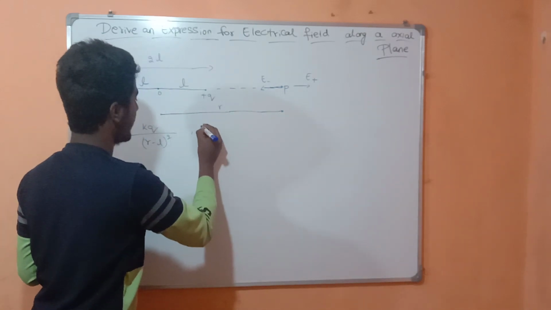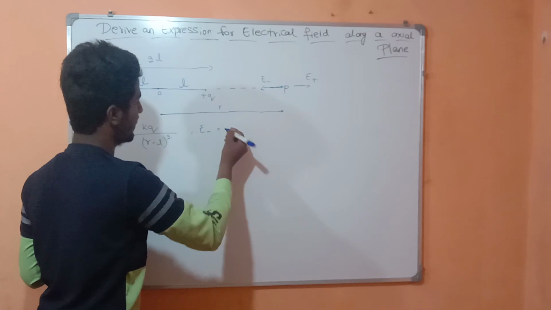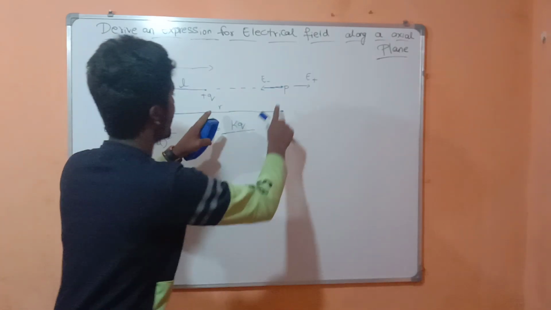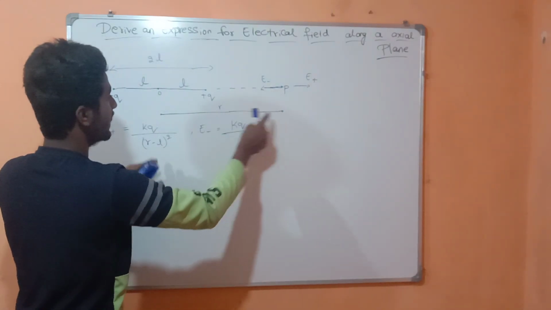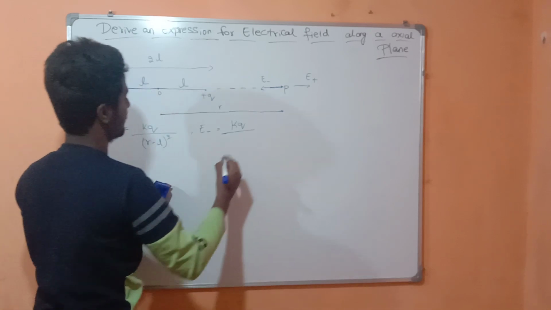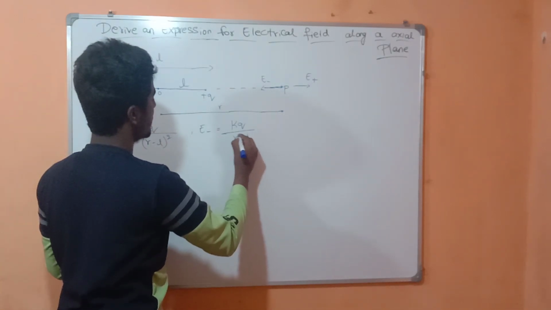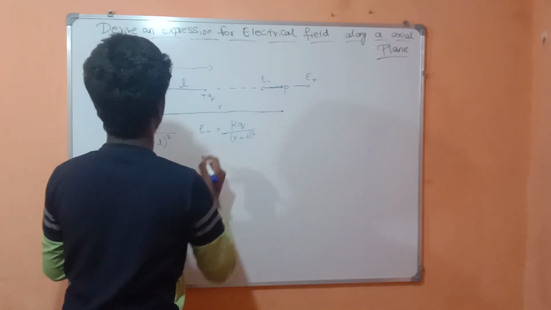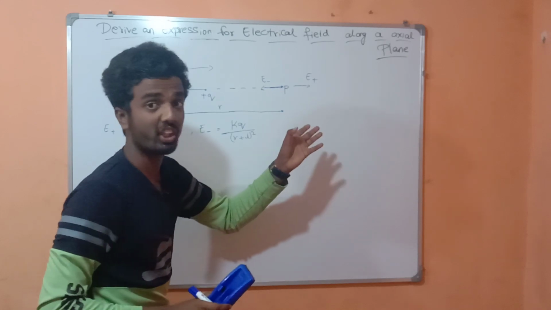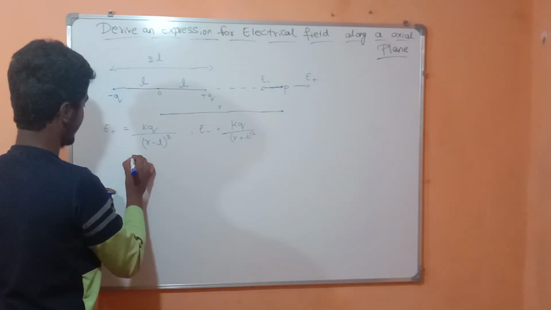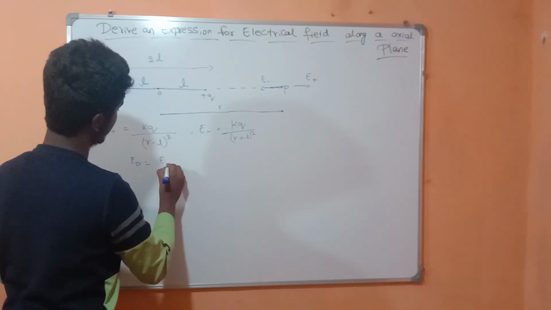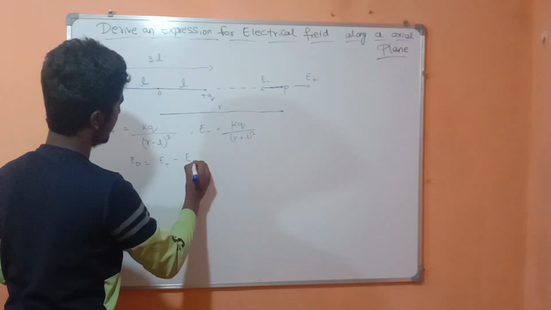And what is E minus? It will be K times charge divided by the distance from here to here. This is R, so it means R plus L, whole square, children. What is the field at the point P, the positive test charge? EP will be equal to E plus minus E minus.